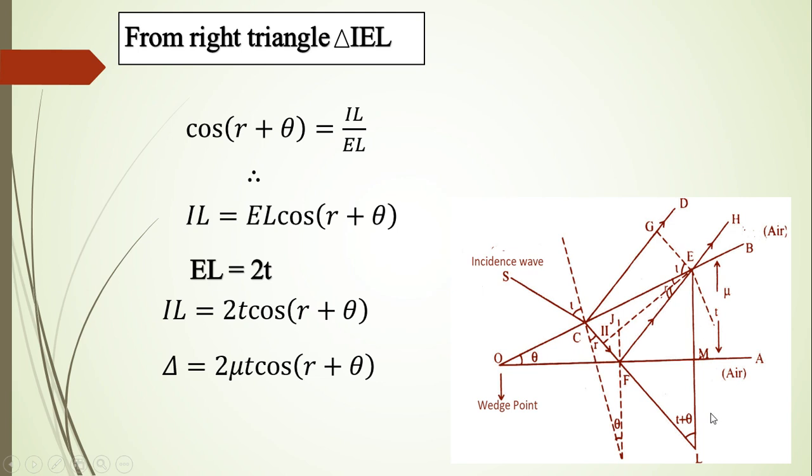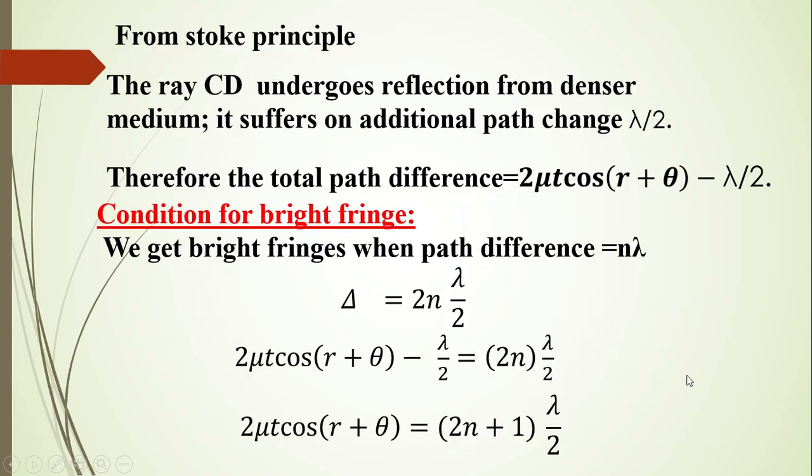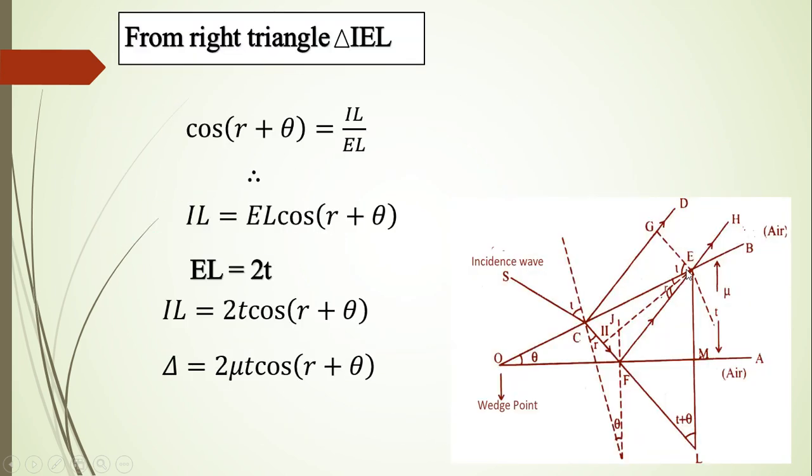The base is IL and the hypotenuse is EL. By cross multiplication, IL is equal to EL cos r plus theta. EL is equal to EM plus ML. EM is equal to t, and ML is also equal to t, so EL is equal to 2t. So IL is equal to 2t cos r plus theta.